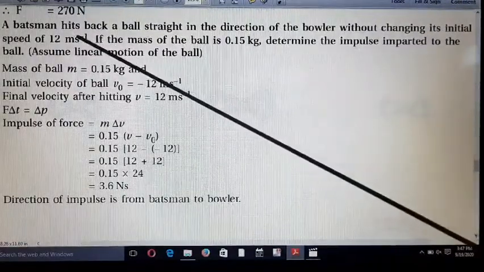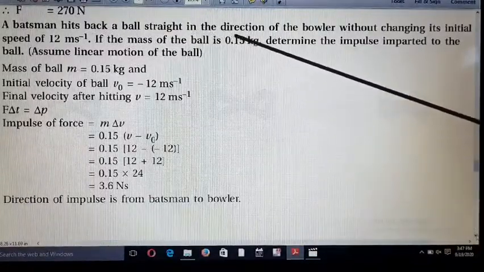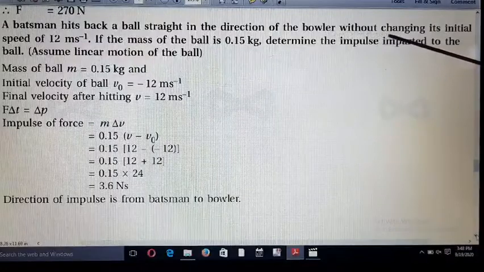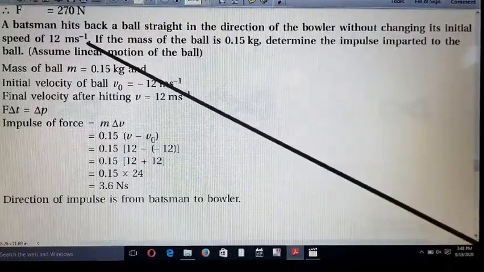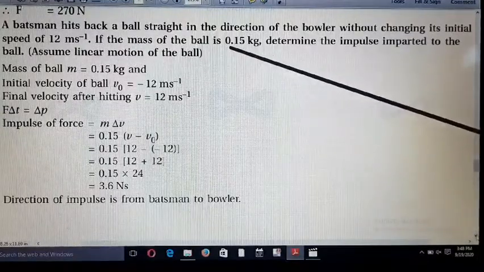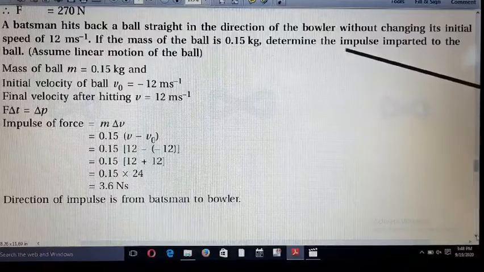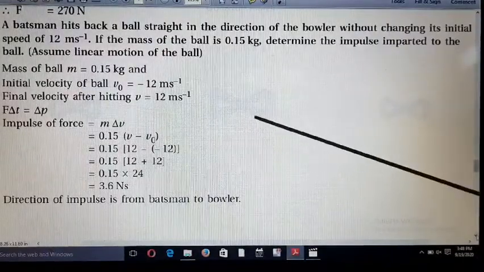A batsman hits back a ball straight in the direction of the bowler without changing its initial speed of 12 meters per second. If the mass of the ball is 0.15 kg, determine the impulse imparted to the ball.